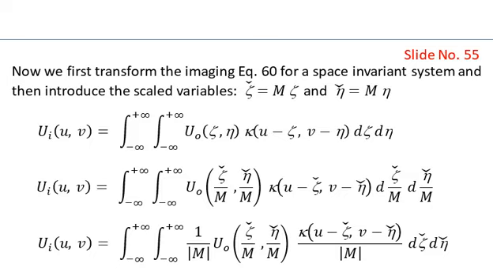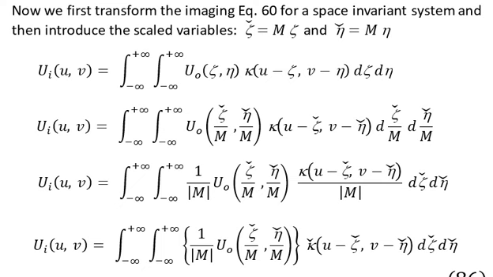The previous equation for a space invariant system was that the image intensity, that is the field at the imaging plane u_i as a function of u and v, is equal to the double integration of u naught as a function of ζ, η, multiplied by κ, which was written for the space invariant system as κ of u minus ζ, v minus η, dζ dη. So introducing the above transformation, that is ζ̂ equal to m times ζ and η̂ equal to m times η, we obtain the second step over here.